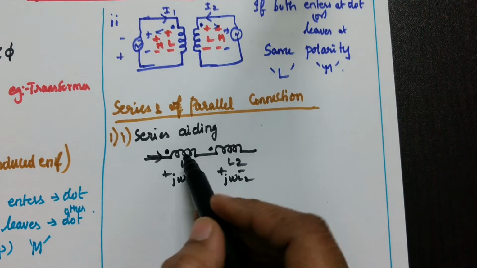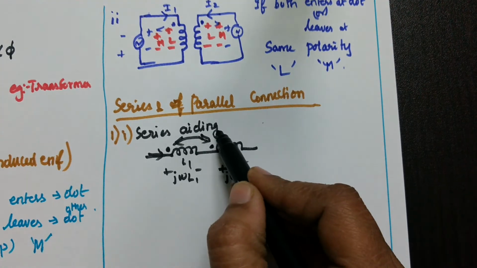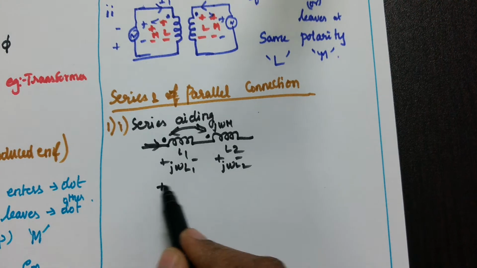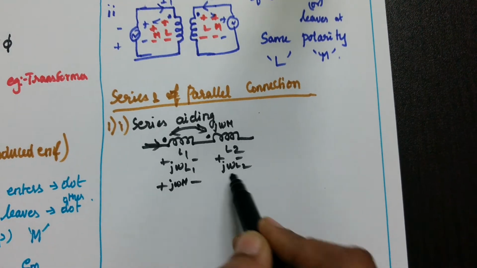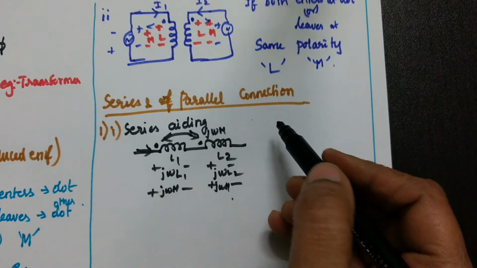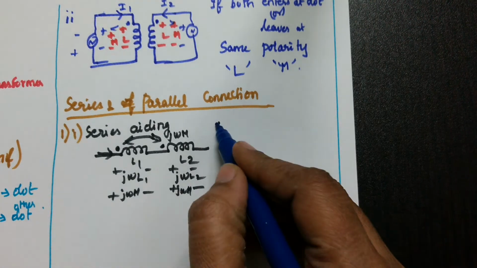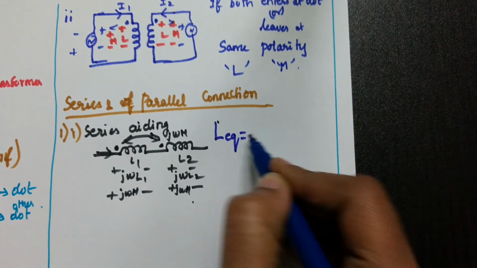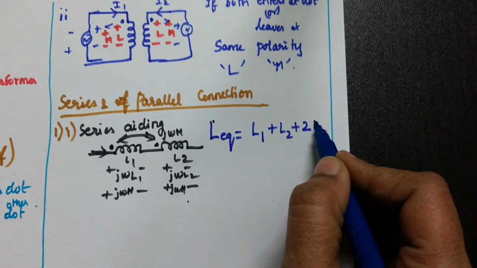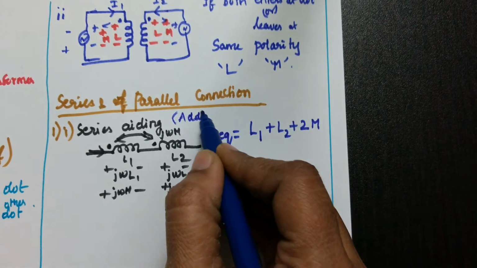The mutual induced EMF will be represented like this, mutual induced j omega M. So there will be the same polarity, plus minus for j omega M and here also plus minus for j omega M. So L equivalent, for this series aiding connection where both the currents enter, will be L1 plus L2 plus 2 times M. This is otherwise called the additive connection.